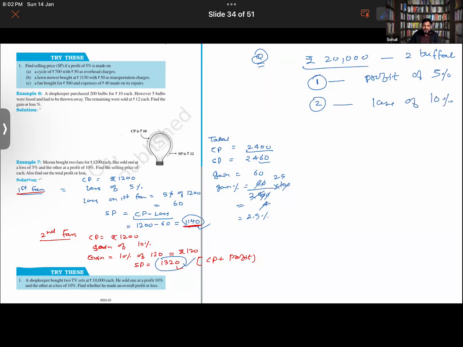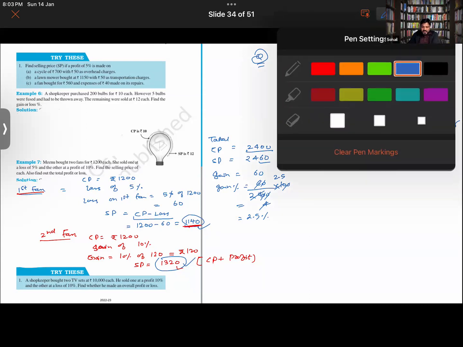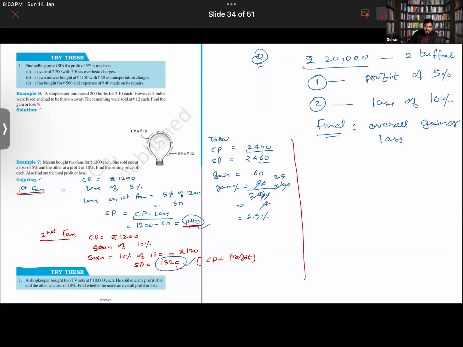Total 20,000 for both buffaloes. In this question we need to find what is the overall gain or overall loss. If there is a loss, what is the overall loss, and if it is a gain, what is the overall gain. So we can easily do such questions as well.